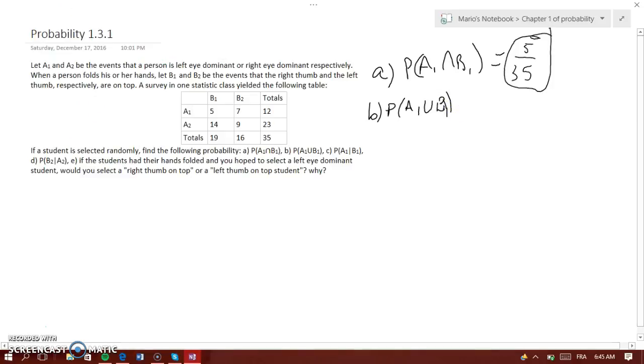Remember that in the first chapters of your class, if there is any intersection, then the union formula would be PA, in this case PA1, plus PB minus PA intersection B. Remember that one.